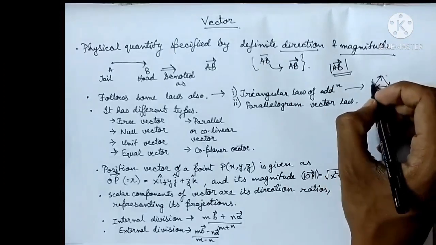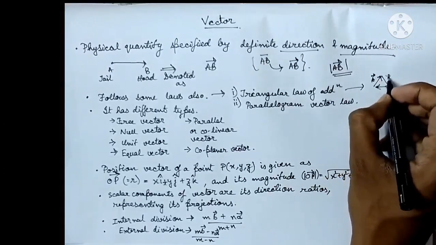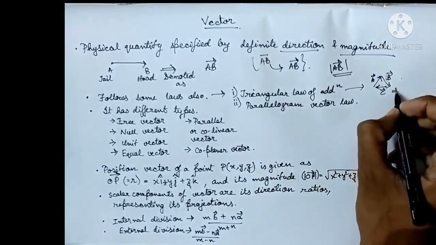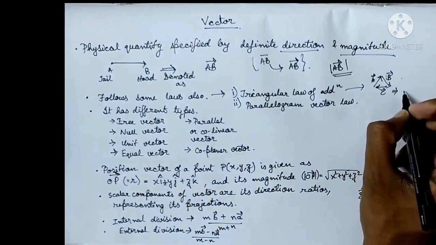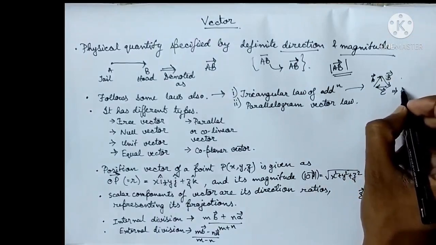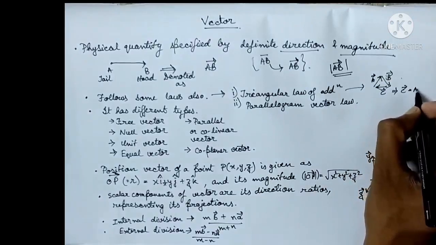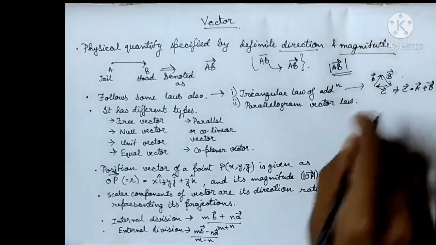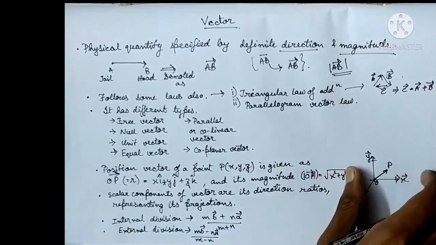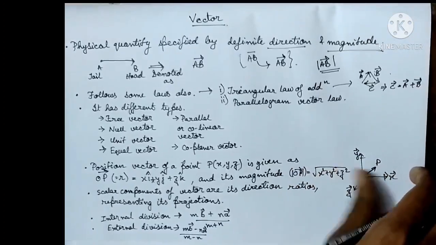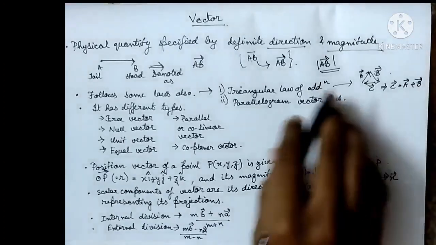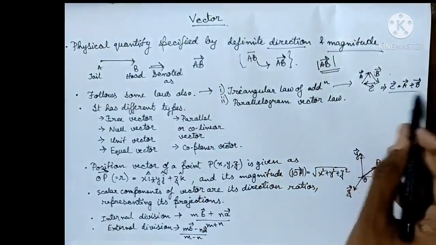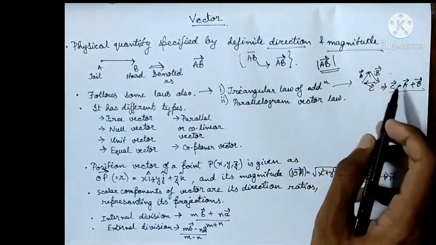If this is vector A, this is vector B, and this is vector C, then C is equal to vector A plus vector B. This is just the triangular law of addition, and for any such vectors you can do it.